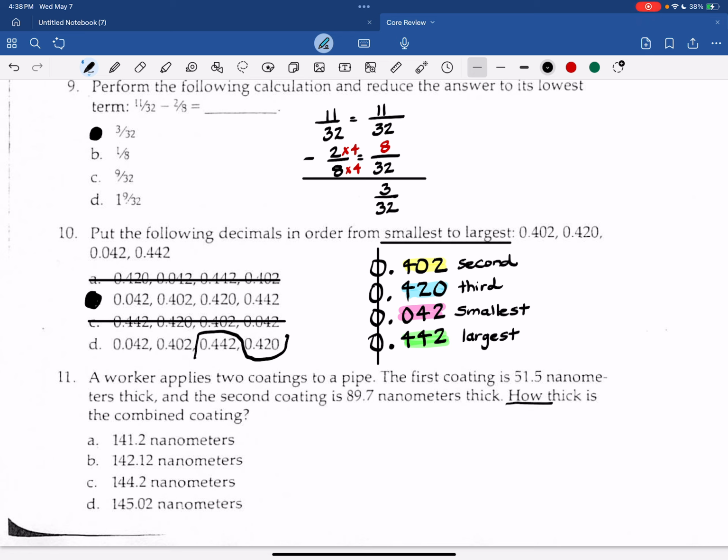How thick is the combined coating? Keyword is combined. Units will be nanometers because that's what we're measuring. So I have 51.5. I'm combining. That's building up. Am I doing it repeatedly or just once?